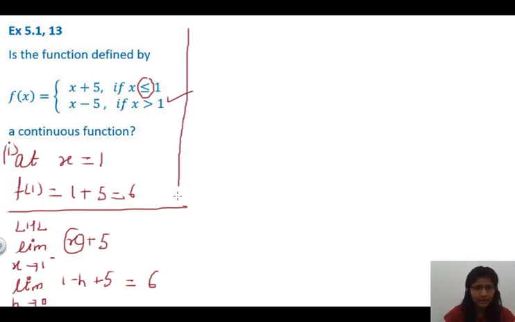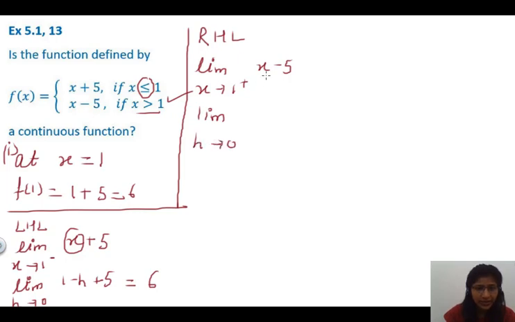Now, let us move to the other part of this. RHL we are going to solve. In RHL, I will write limit x tending to 1 plus. For 1 plus I see the function is x minus 5. So limit h tending to 0, instead of x we will write 1 plus h minus 5. Putting the value of h as 0, we get 1 minus 5, which is minus 4.